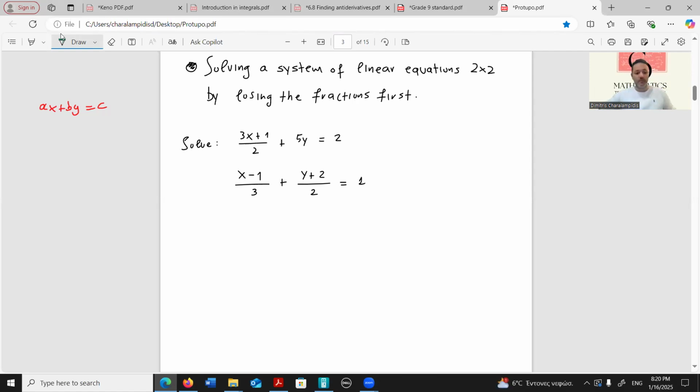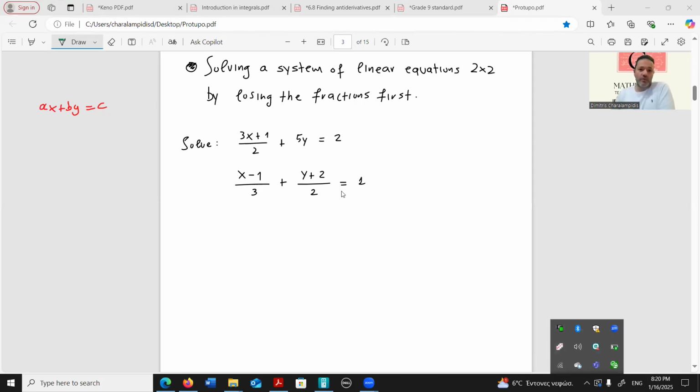I should multiply each one of them separately with the LCM of its denominators.